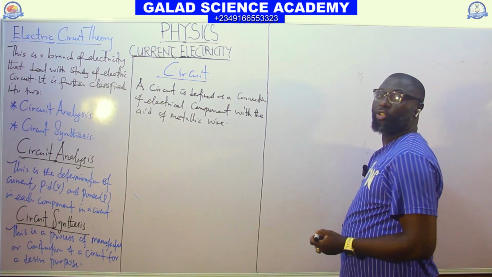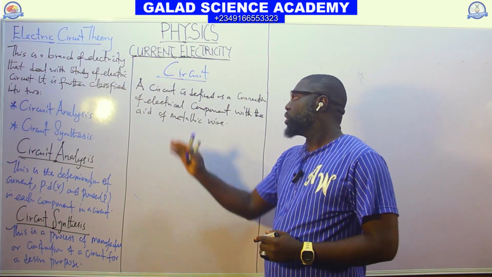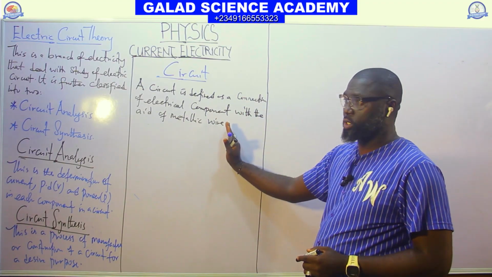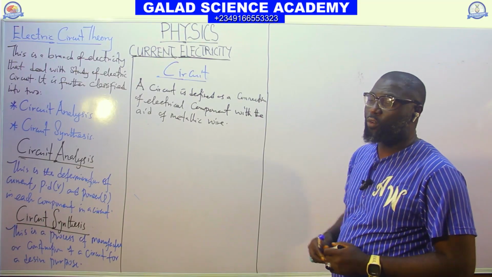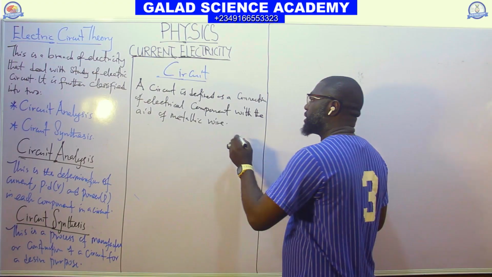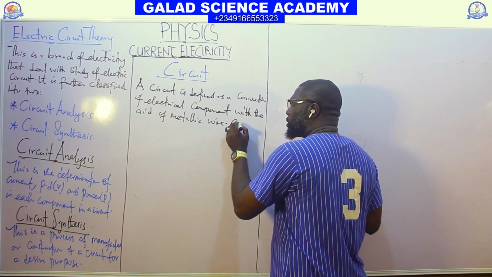A wire. By joining wire to battery, battery to electric bulb, the setup is called a circuit. And the circuit consists of two things: active components and passive components.